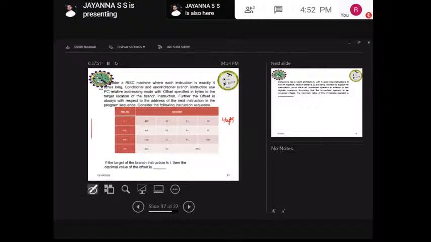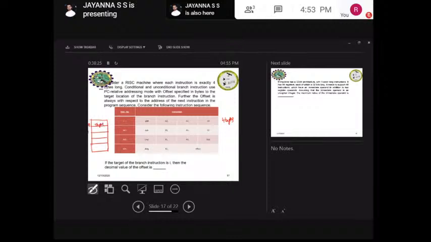Then when you consider a memory map, let us say the first initial address is I. So for storing the first instruction, it will take 4 bytes.